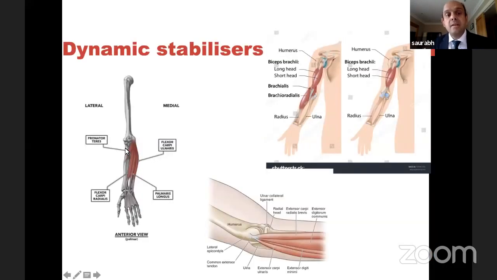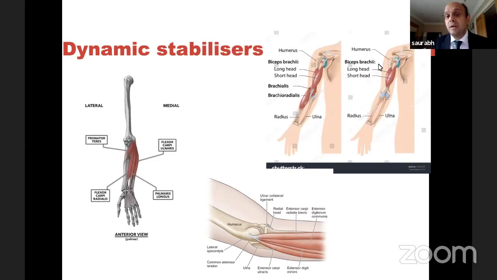And then finally, there are the dynamic stabilizers. There are four flexors: pronator teres, FCR, palmaris longus, FCU. There are extensors, we know them: ECU, EDM, EDC, ECRB. And then your biceps and your brachialis. So these are the dynamic stabilizers.